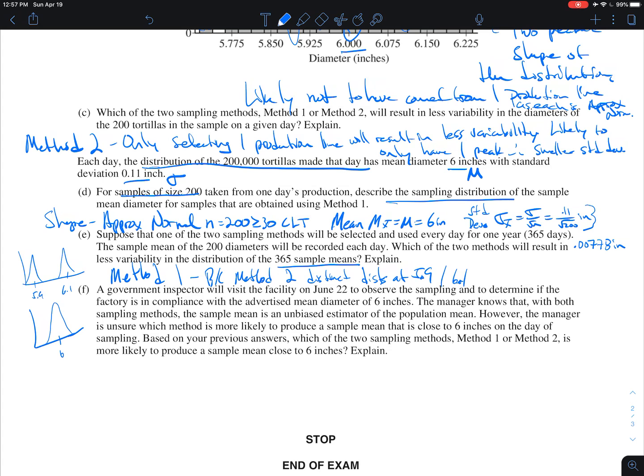Whether you go on to say that or not, or just refer back to all the reasons why it would be better because of what you said in part D, that would be fine as well. And you would have more space on the exam to sketch anything if you wanted to make your point that way. So we'll come down to our last question here.